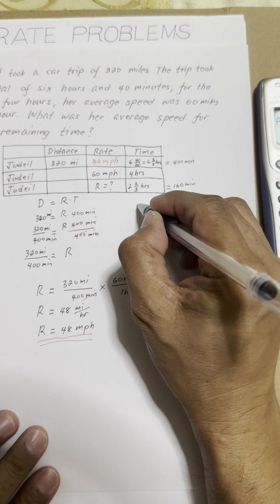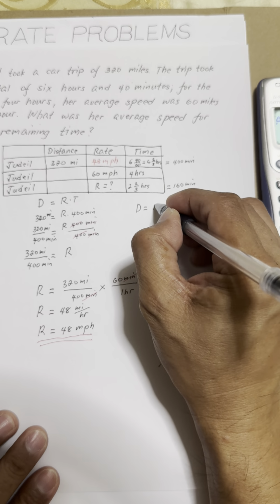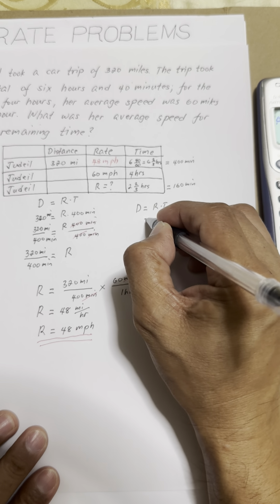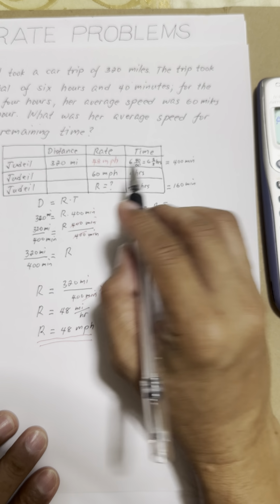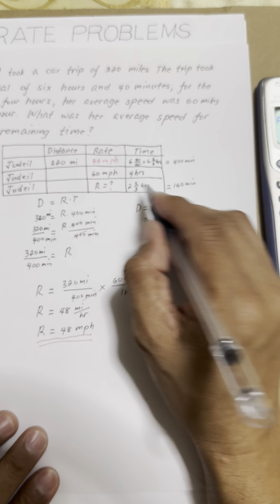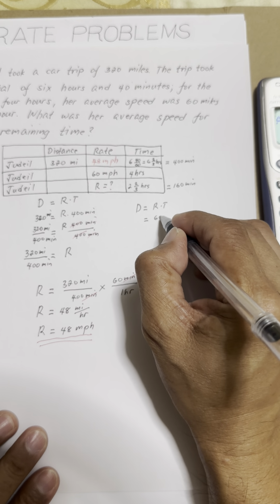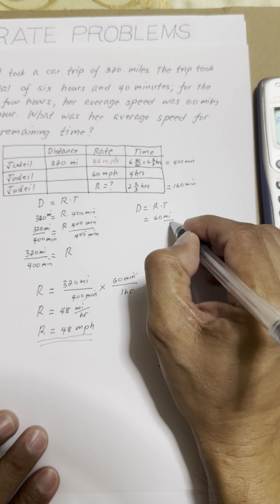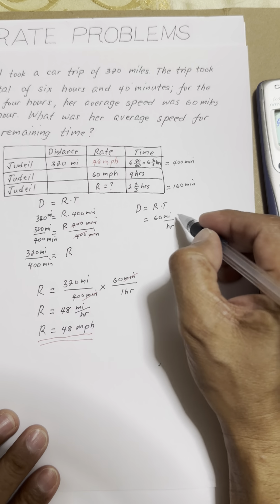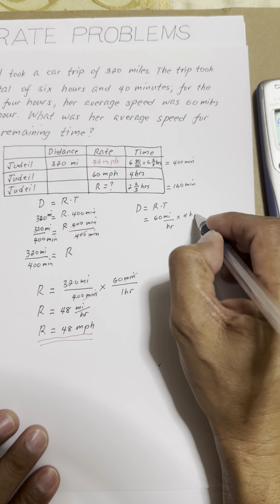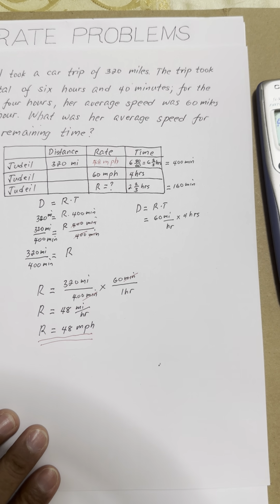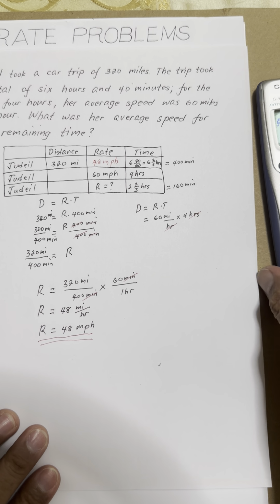So distance, again, distance equals rate times time. So rate, we are given 60 miles per hour, then multiplied by 4 hours. So we have hours at the numerator, hours at the denominator.